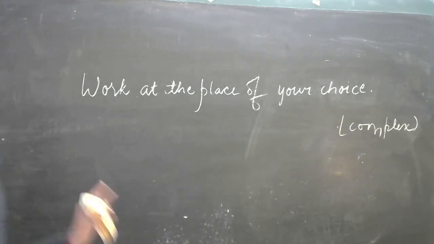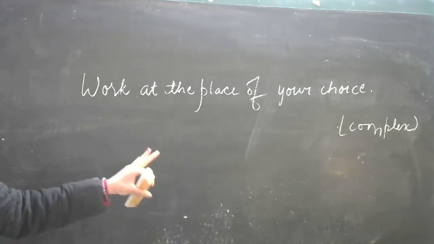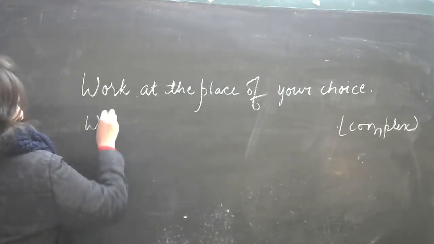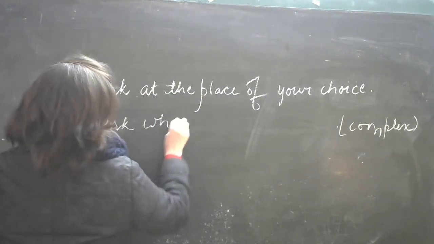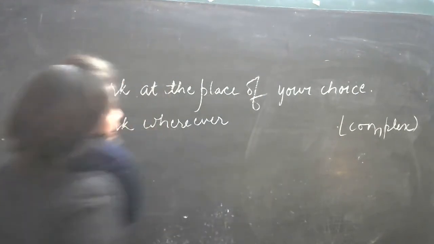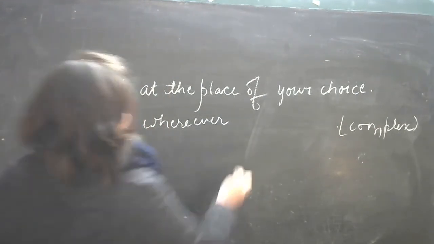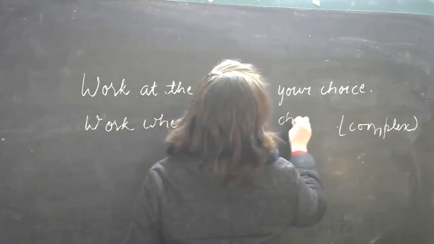Right? I'm sure you can see this sentence. So it says here you can work at the place of your choice. Work wherever you choose, right? Work wherever you choose, in fact.